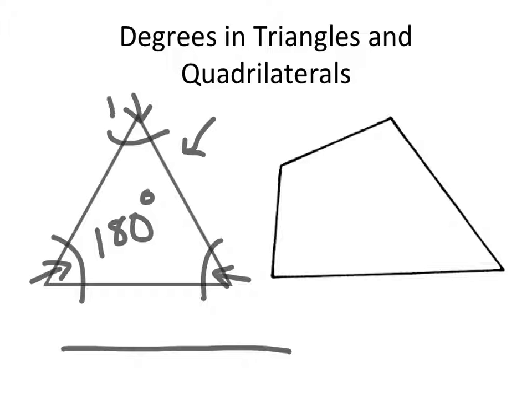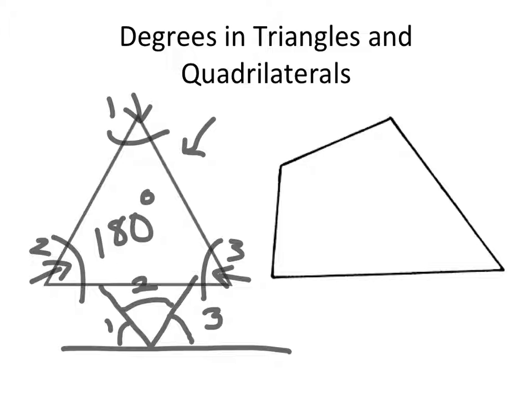So if I numbered my angles 1, 2, 3 and I cut them off, my first angle I might put right here. Here's my first angle. My second angle I would butt right up against that one, and my third angle I would butt up against that one. So my 3 angles are now all together.